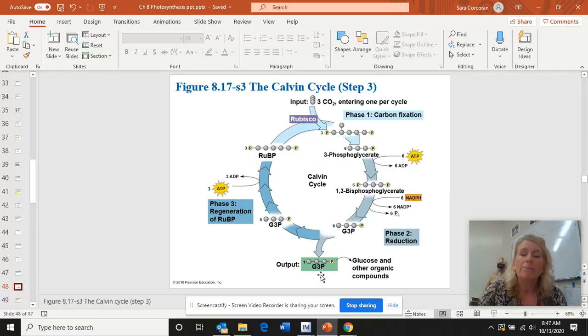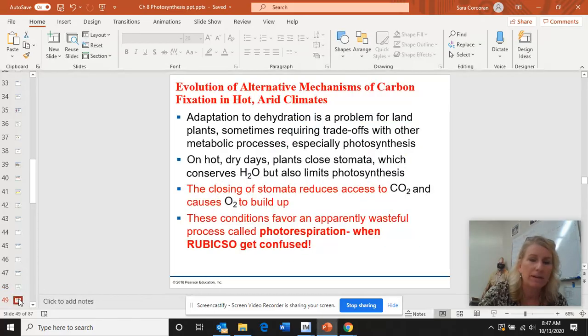So once we have made some G3P, that's going to be combined with other G3P from other Calvin cycles that are all going on simultaneously in the stroma. And we're going to have enough carbons in the stroma to regenerate that RuBP. Because if we don't have RuBP, then we can't grab carbon dioxide from the atmosphere and fix it in the initial steps of carbon fixation with the help of Rubisco. So I believe that's it for the Calvin cycle.